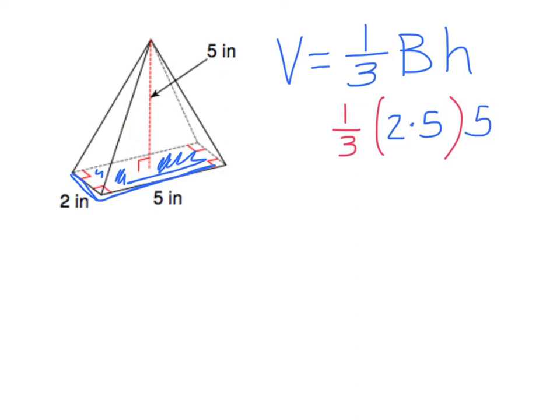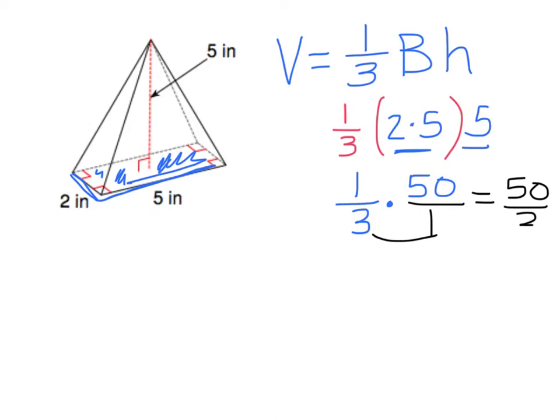All right, so now I am going to multiply this out. I'm going to do my 2 times 5 first, which is 10. Times 5 is 50, so I have 1/3 times 50. Okay, if this helps you, you can either just think this is the same as dividing by 3 right here, or you can just put a 1 under the 50 and times straight across. 1 times 50 is 50. 3 times 1 is 3. Now I just need to do 50 divided by 3.